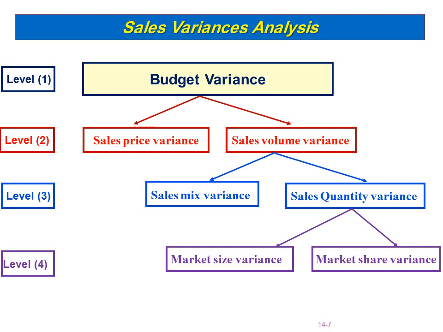In level 3, we will analyze the volume into mix and quantity. If you remember, in 4-way analysis for direct material, we analyze the quantity variance into mix and yield variance. Here we don't say mix and yield variance, we say mix and quantity variance. And in the last level, we will analyze the sales quantity variance into market size variance and market share variance.